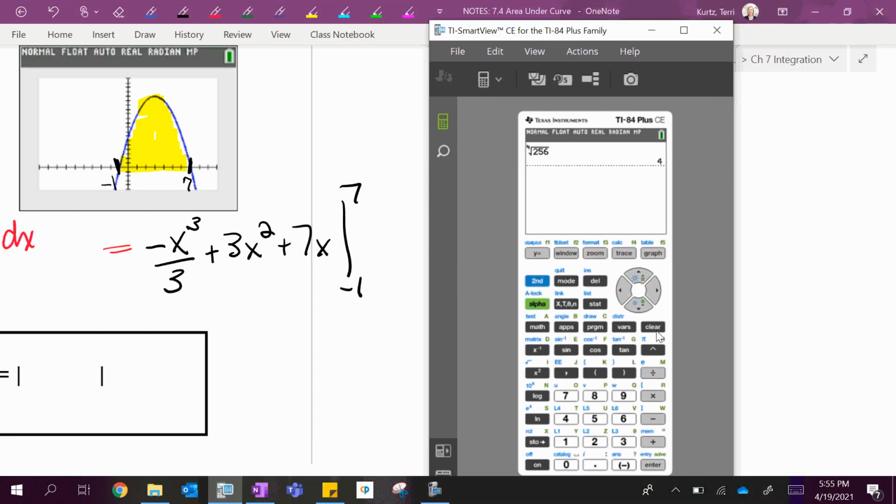So I'm going to say -7 to the third divided by 3, and then plus 3 times 7 squared plus 7 times 7. And I get 81.66666, so I'm going to call that 81.67.